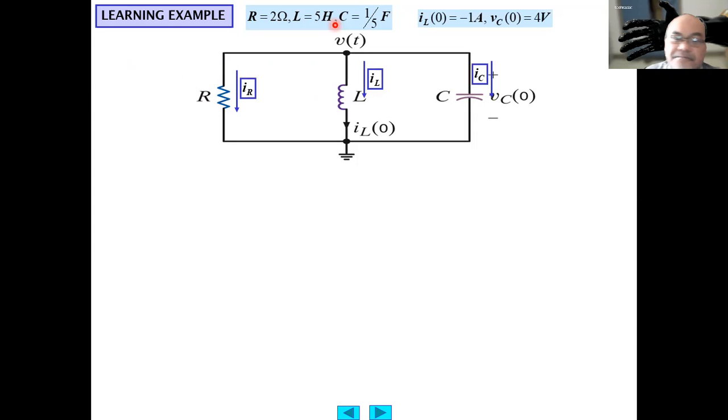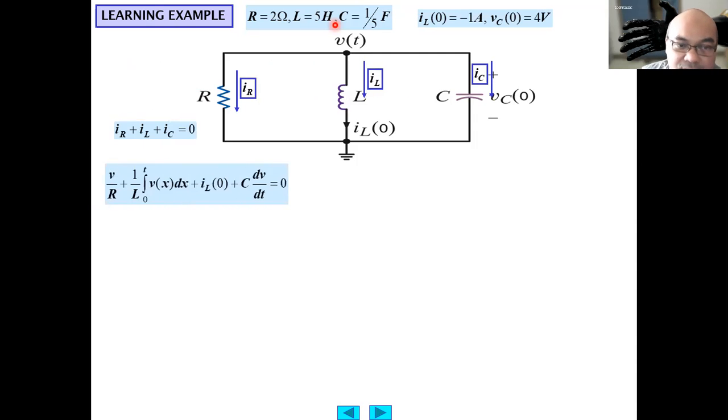Now solve this particular circuit. Using KCL, we obtain IR plus IL plus IC equals 0. Then we use Ohm's law, the inductance law, and the capacitance law: V over R plus 1 over L times the integral of V(x) dx from 0 to t plus C dVc/dt equals 0.